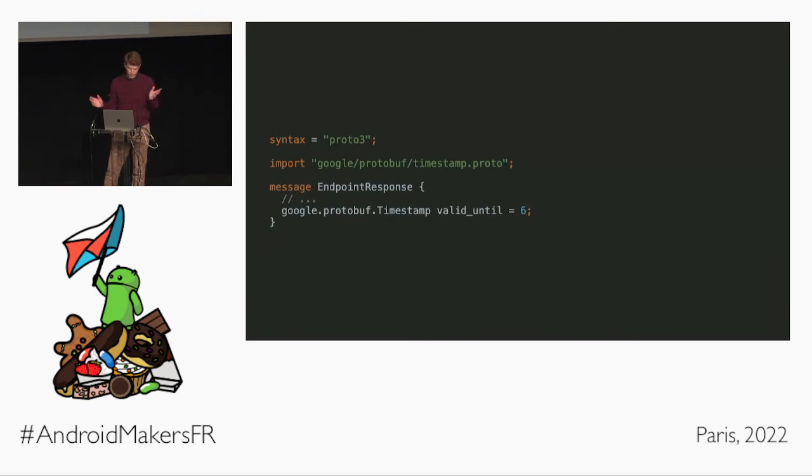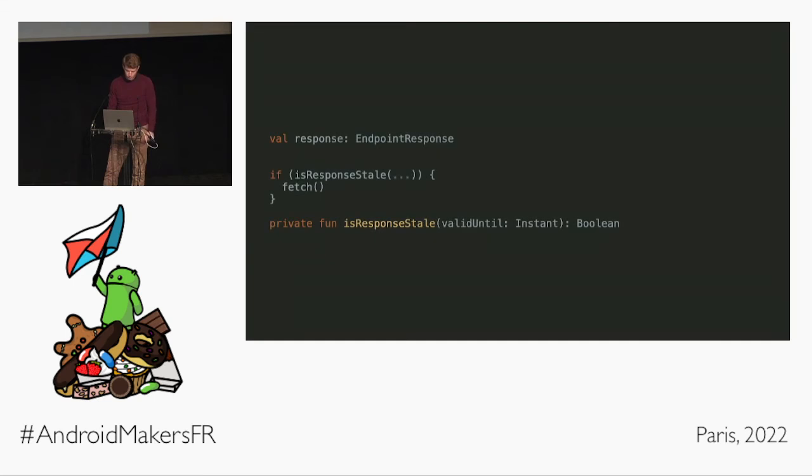As an example, we have a response with a timestamp field, which basically we expect clients to check if the response is still valid, and if not, it's going to fetch again. Kotlin code, nothing fancy. If it's stale, and because we work on the JVM, we expect to pass time around as Instant.